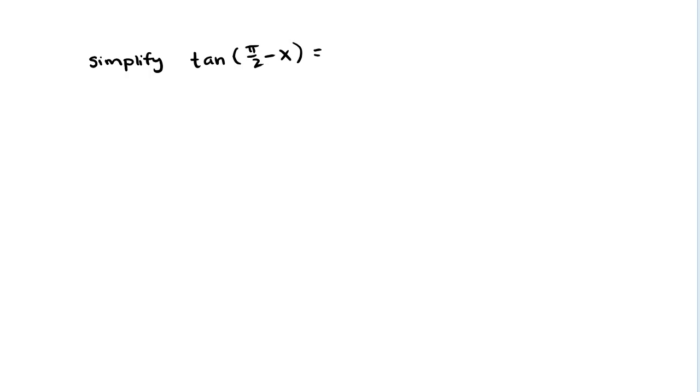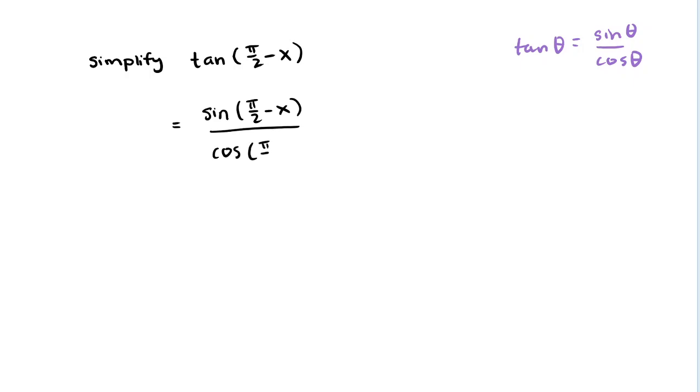Tangent of theta is the same as sine of theta over cosine of theta for any value theta. So tangent of pi over 2 minus x is the same as sine of pi over 2 minus x divided by cosine of pi over 2 minus x.